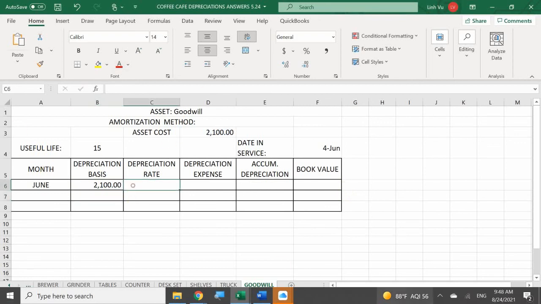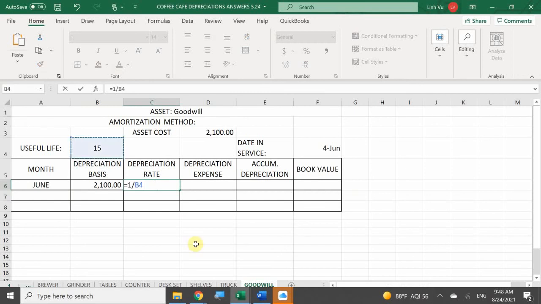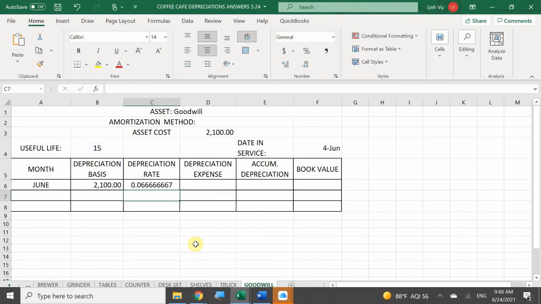What's my rate going to be? 1 divided by 15, which gives you 0.066666.